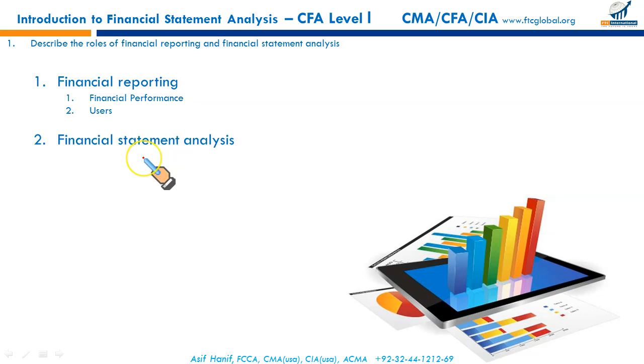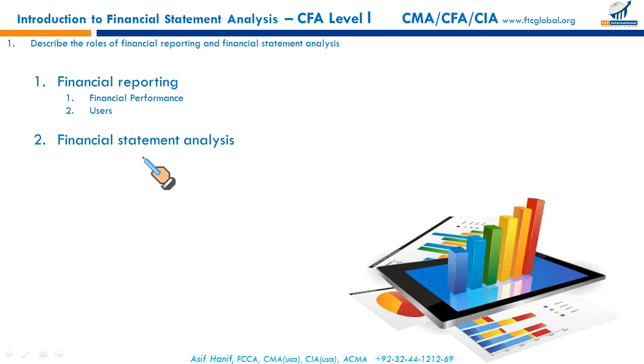Then what about financial statement analysis? Financial statement analysis starts once your financial statements have been completed. This is something done after financial reporting. Financial statements have been prepared, published, and distributed to the shareholders and the interested parties.